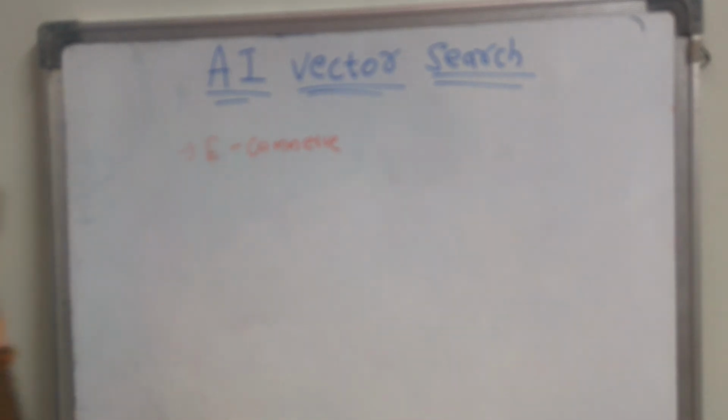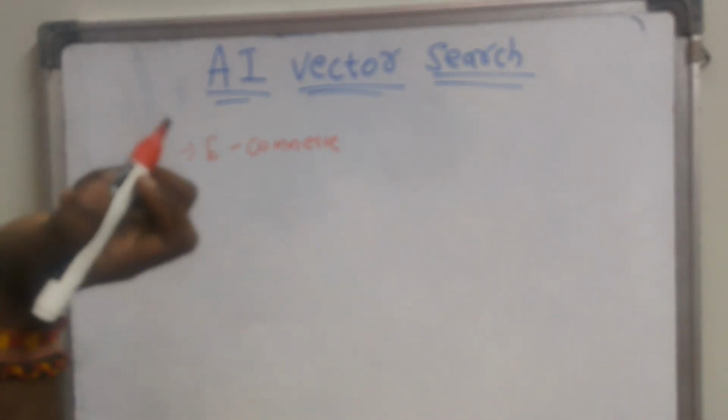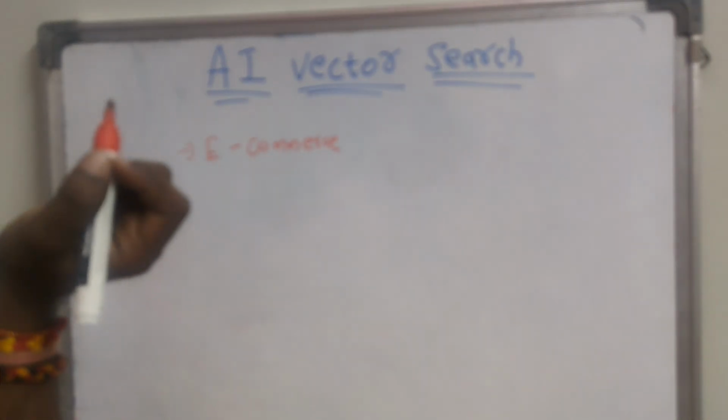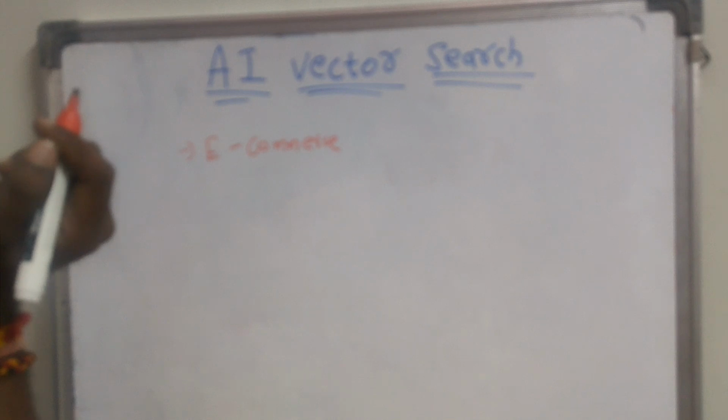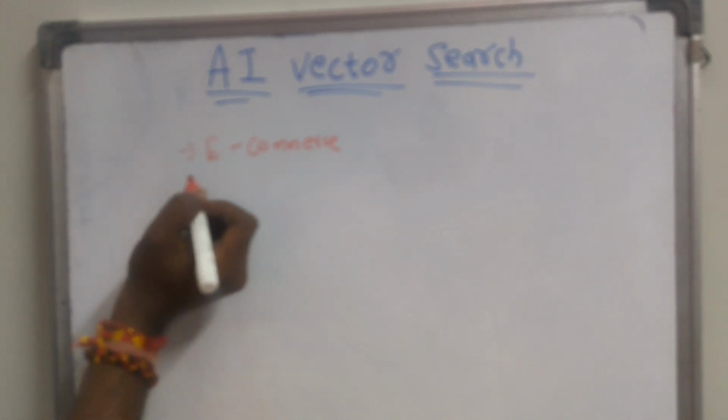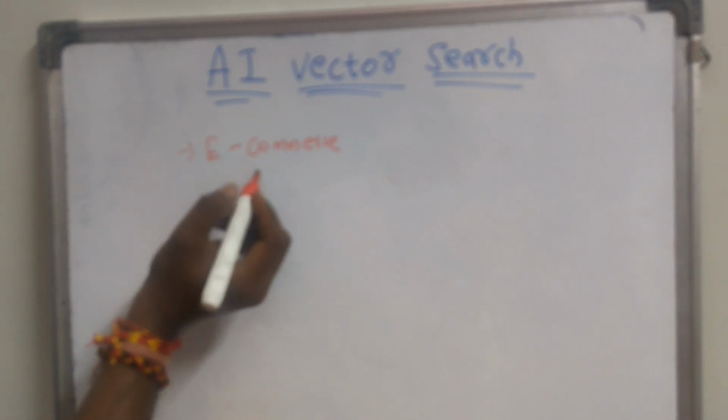Suppose you watch a few movies, then it will automatically recommend movies based on your previous watch history. That is where vector search is used to improve customer satisfaction.